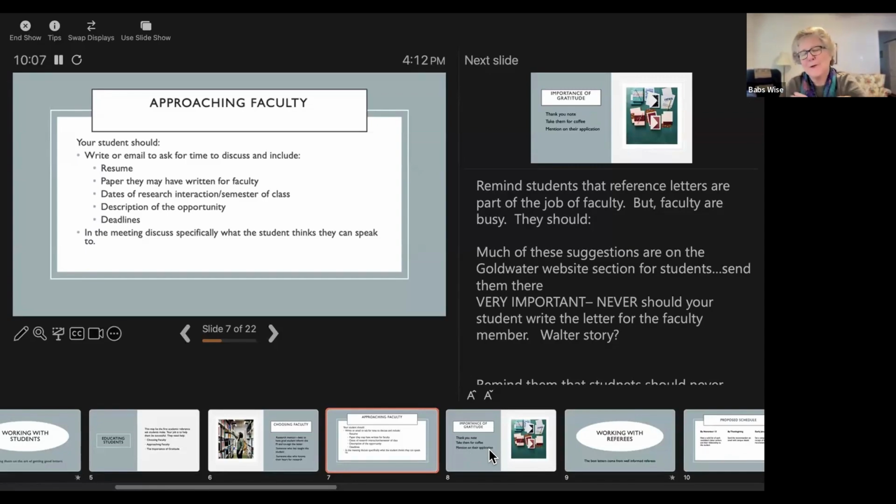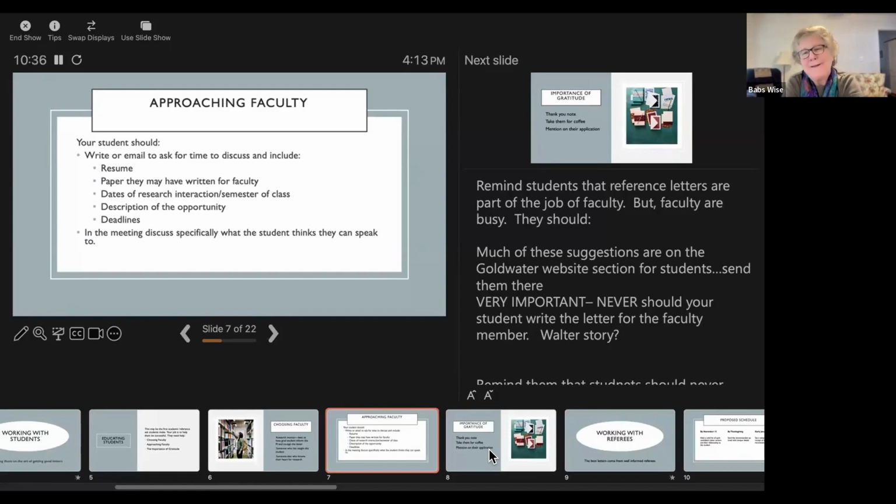I told this story to Bert and John at one point, that I received a letter one time written by my brother. And I got the letter, and it was for a student applying for the Rhodes that he had worked with. And the student had written the letter. Okay. And I had to call my brother up and yell at him for doing that and get it fixed.